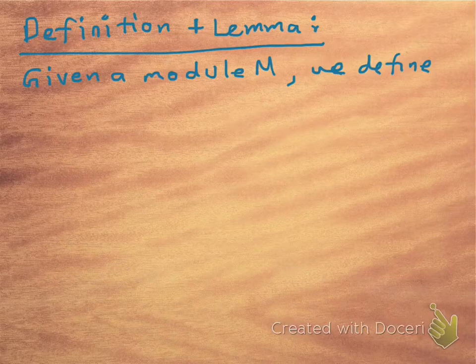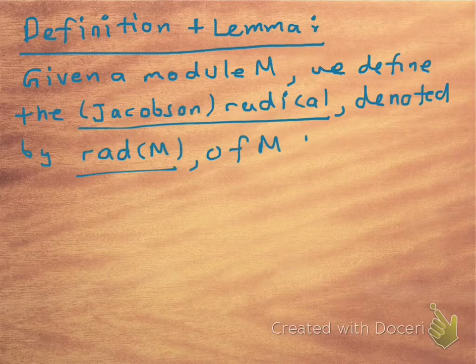Take a module M. We define the Jacobson radical of the module M, denoted by rad M, to be the intersection of all maximal submodules, assuming of course that they exist.